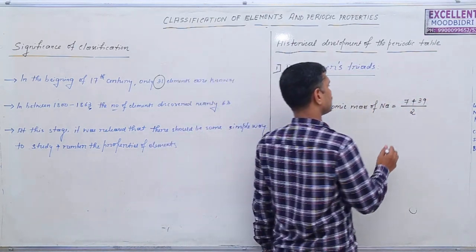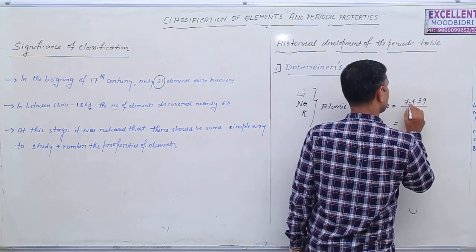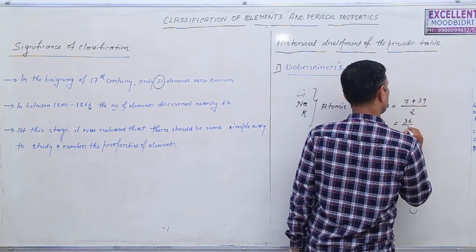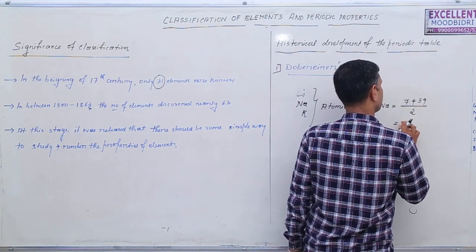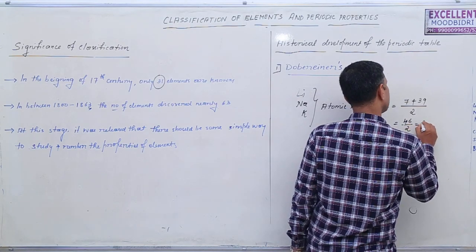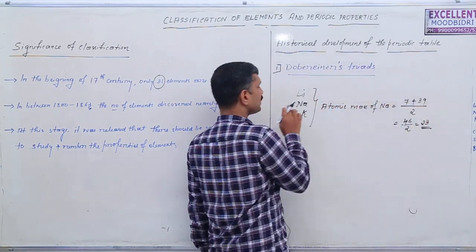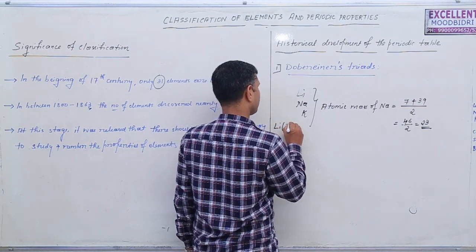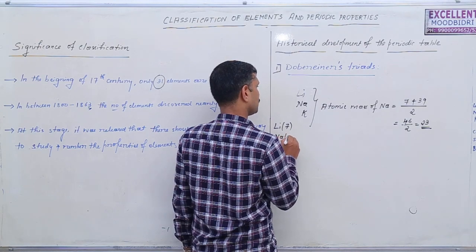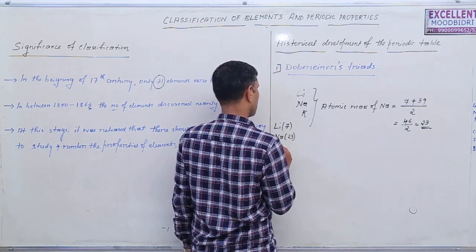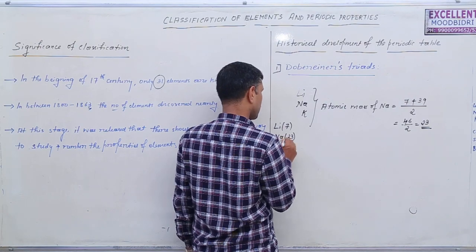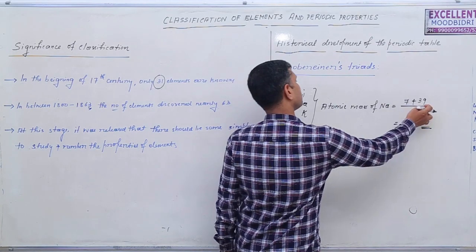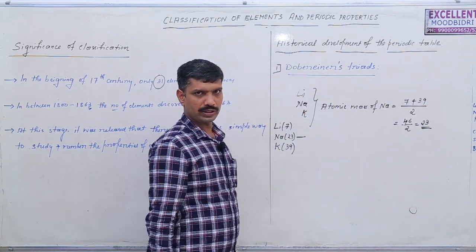Simplifying, 46 divided by 2 means 23, the atomic mass of sodium. Lithium's atomic mass is 7, sodium's is 23, potassium's is 39. So the atomic mass of sodium, 23, is obtained as the arithmetic mean of the atomic masses of lithium and potassium.